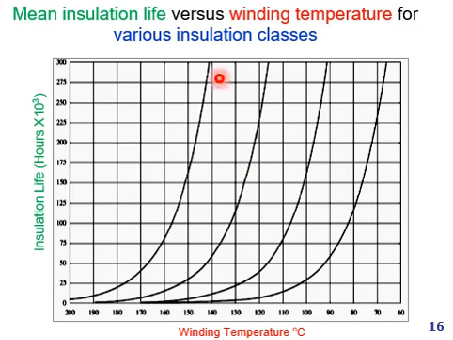The four lines show the different classes, as you can see, class A, B, F and H. But one thing can be noted, that the behavior of all four classes is almost similar.